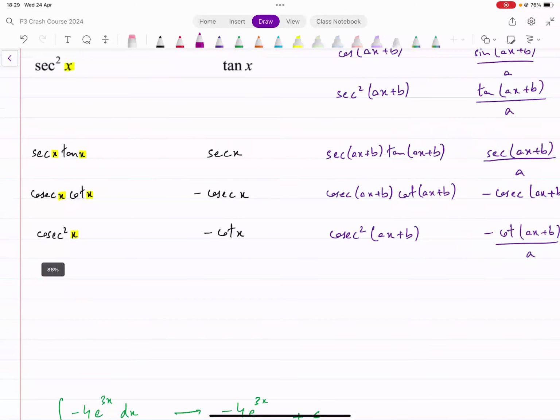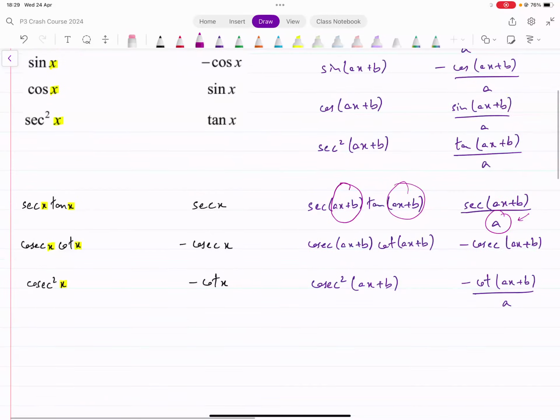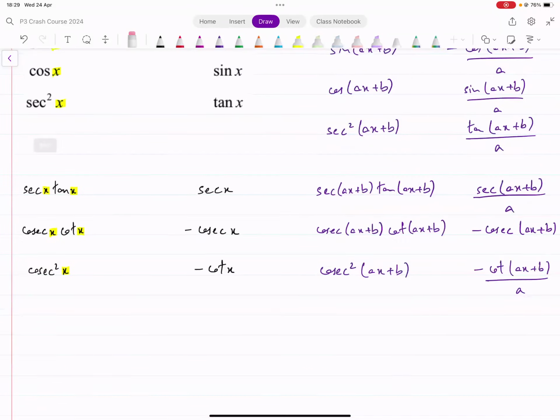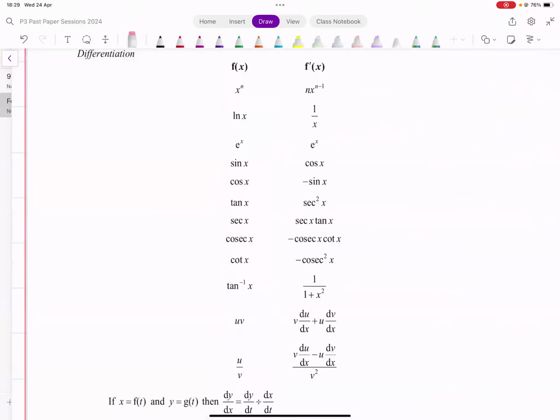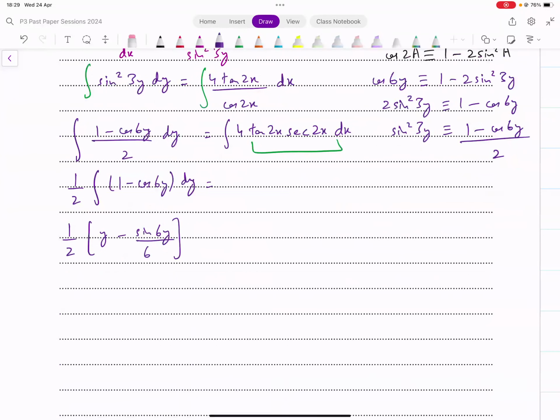And in case you have some other expression in place of x, what do you do for that? You divide by the derivative of that, like you do for the other functions. If you have something other than x, a linear expression, you divide by the derivative of that. So how do you integrate this now? Let's go back to that. This was the function tan 2x into secant of 2x.